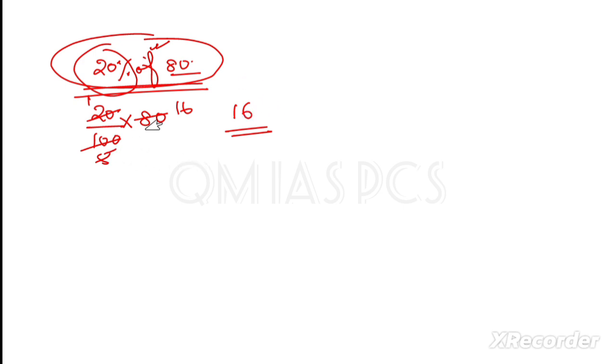If it is given like 15% of any number x is equal to 80, so what is that number?